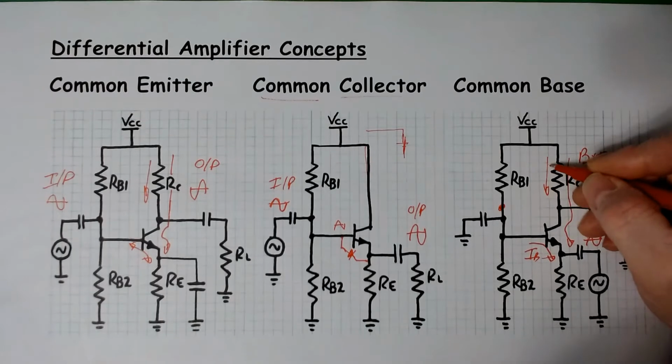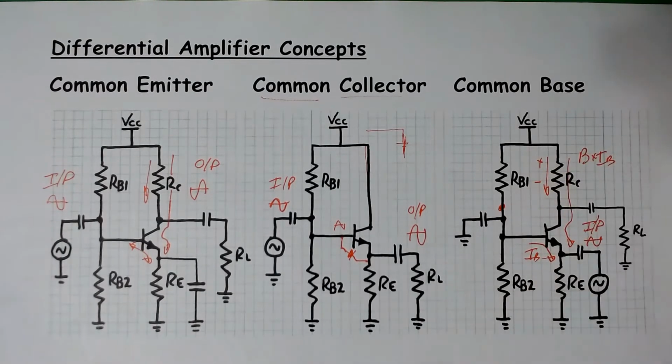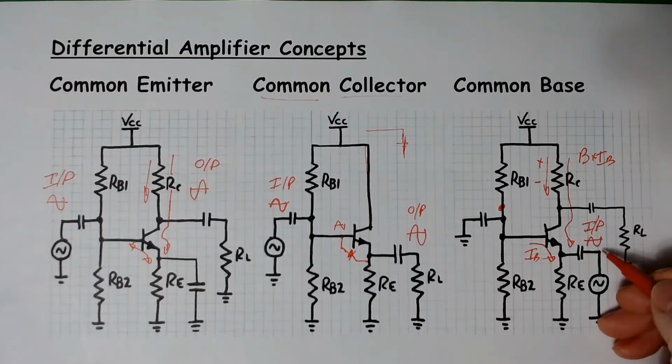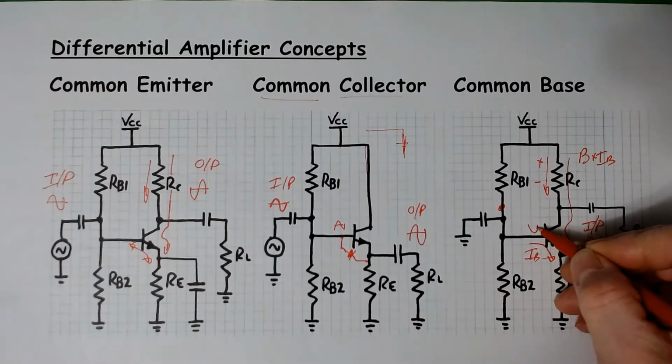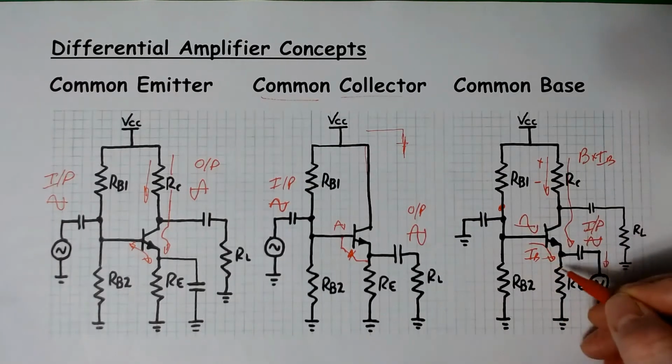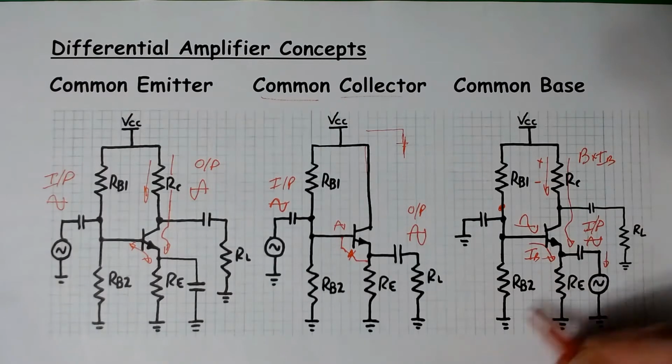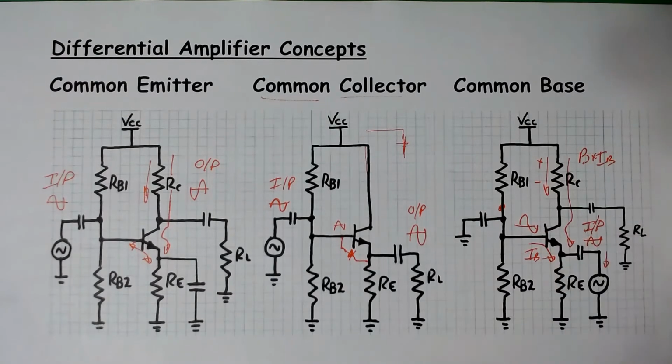go through the RC collector resistor, creating a voltage drop, an AC voltage drop across the collector resistor. Now when I put this signal in here, when I pull this down, it pulls this point down with it. So this will be in phase. So these two points will be in phase.